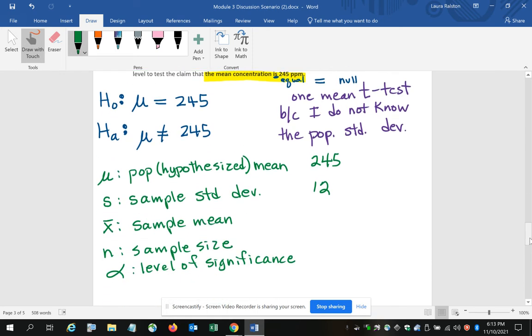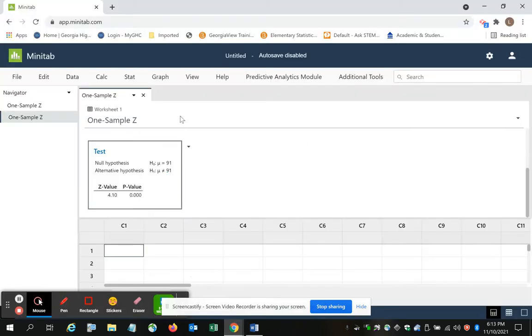So I tested 64, that's my sample size, and got a mean of 250, and it says to use a 0.01 level of significance. So I've gathered all my information, going out to Minitab.